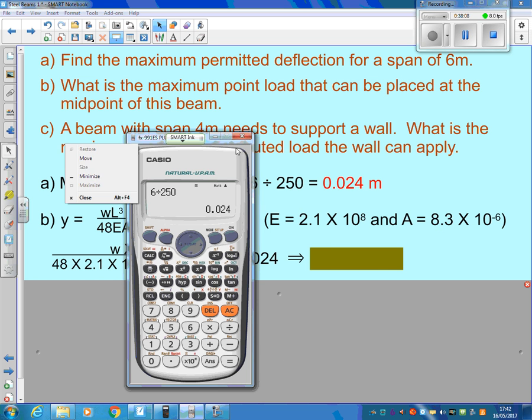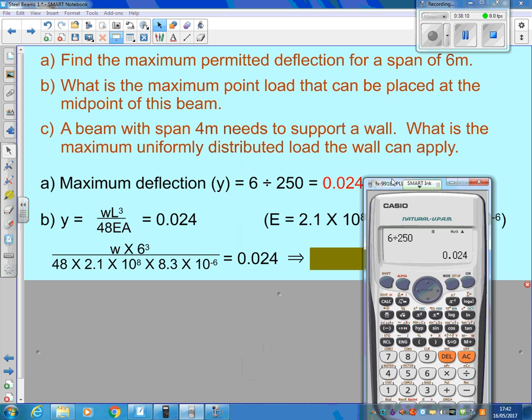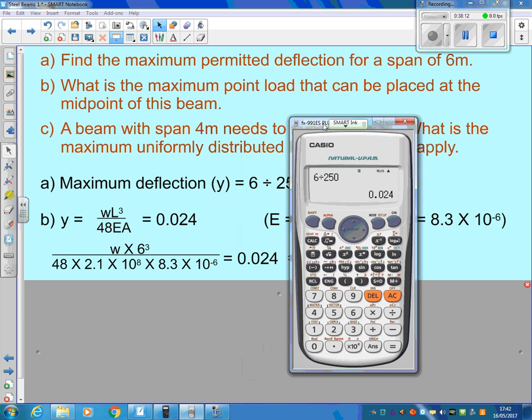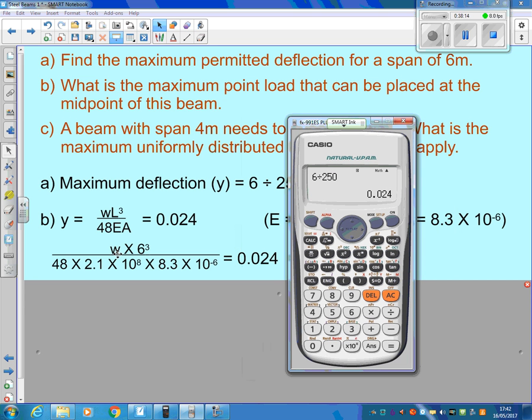It looks really hard having that in there, but I am just going to shift solve it in order to find W. Obviously I need to use an X there. So I'm already in mode 1. Let's do it in a fraction. Alpha X multiplied by 6 cubed.